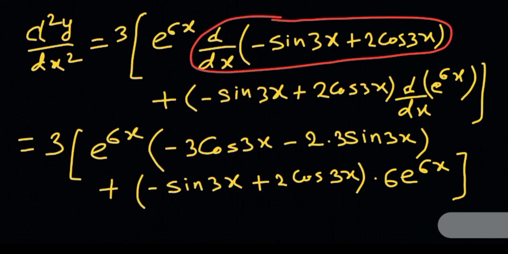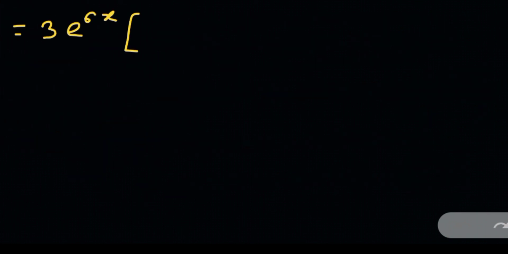So I am writing here, outside it was 3 and e to the power 6x will be common. Now since this was common, I took it outside. So the remaining terms I will write.